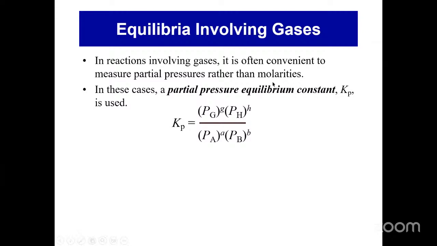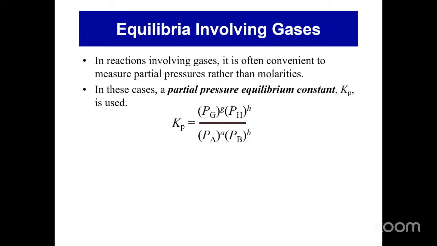So in the hypothetical example that I gave you before, these are the values for the pressure of the different gases, and they're all raised to the coefficients of the different components in the balanced equation, right? So we call that constant Kp to distinguish between that and Kc, right? So Kc is in terms of concentration, Kp is in terms of the partial pressures of gases, right?